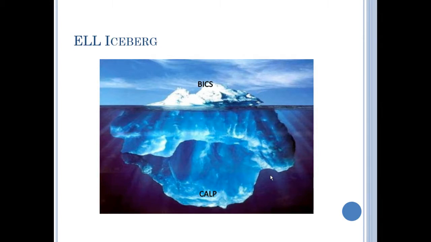But what you don't see under the surface is all of the academic vocabulary that I don't have, all of the phrases and structures that we use to convey meaning in academic texts. Transitional words, phrases to build cohesion in text, reading strategies to extract meaning from complex texts. I don't have any of this, but you don't really know because you're only hearing my BICS, right?